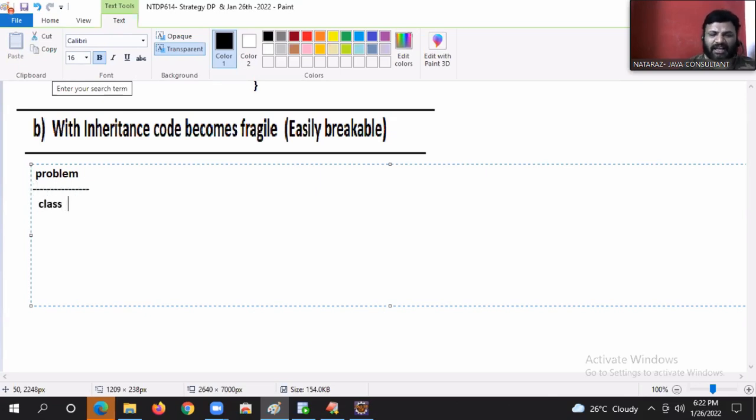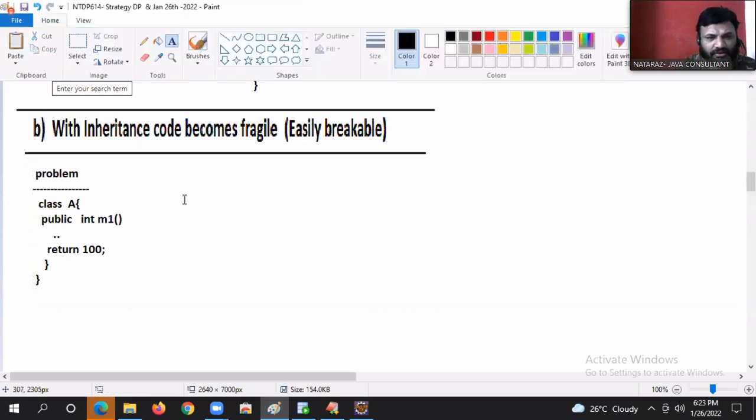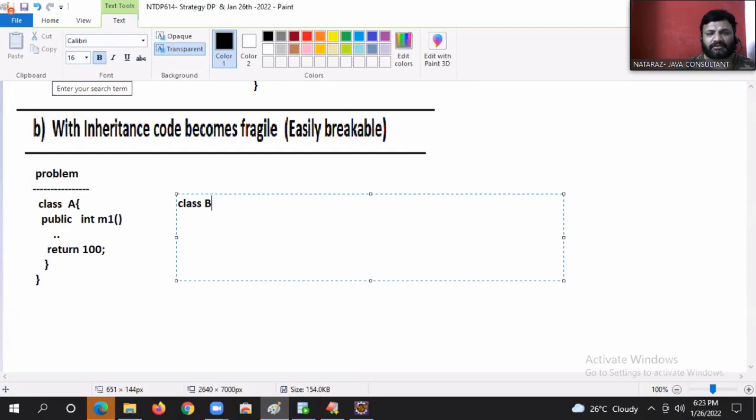Okay, I have a class A and I have public int m1, some logic written, return 100. Okay, I have a class B that extends class A. Problem with inheritance I am talking about, guys.